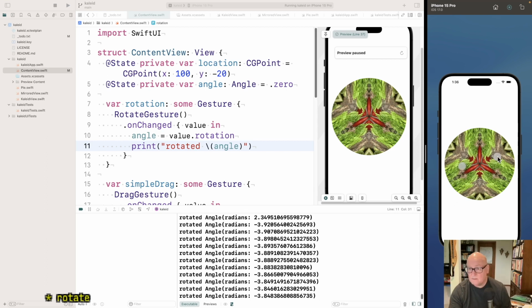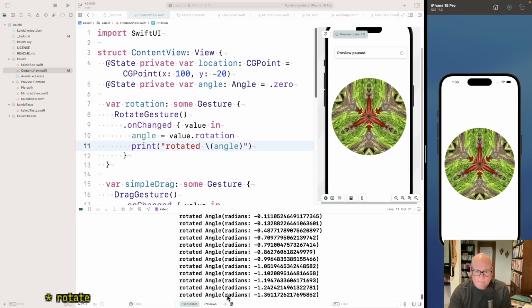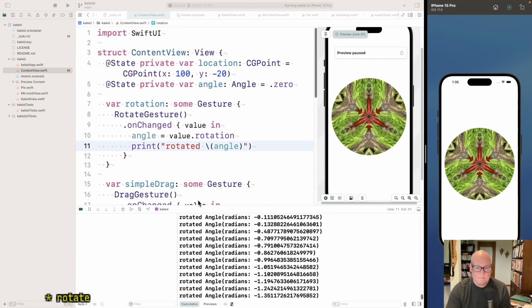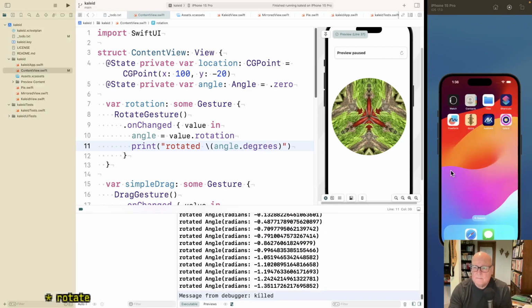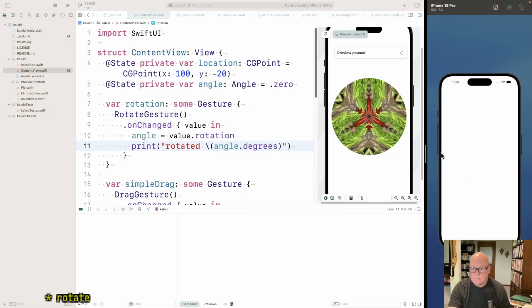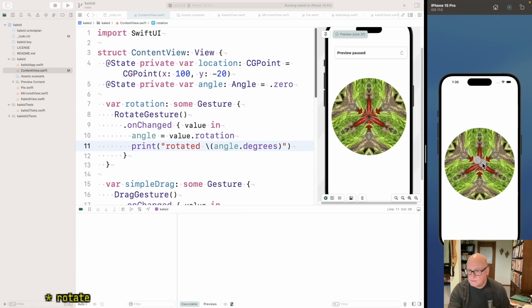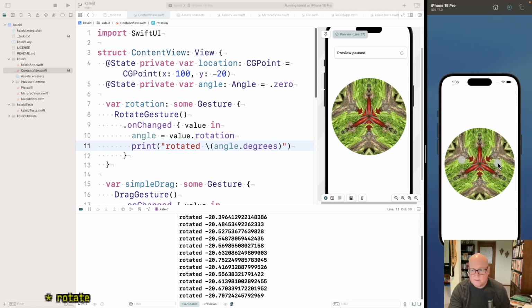Maybe they're detecting forward and backward rotation. Okay. Can I convert this to degrees? Yeah, like map the rotation. Yeah, figure 8 or something. Okay, minus 20.